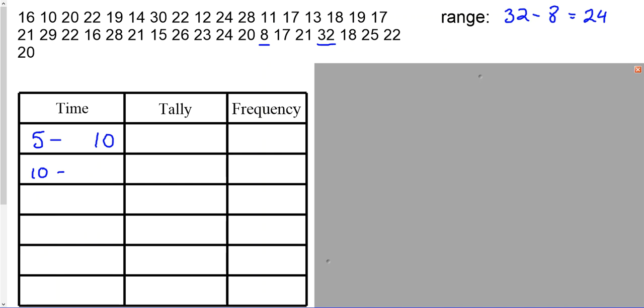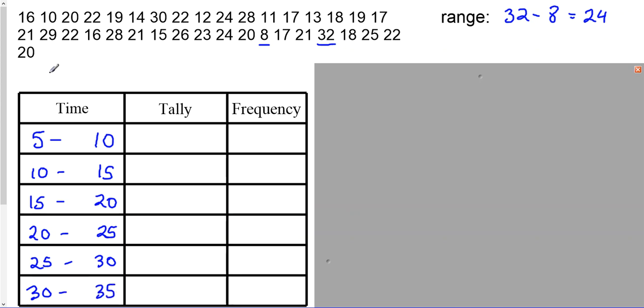So if the first one goes from 5 to 10, the second one has to go from 10 to 15, and then 15 to 20, and then 20 to 25, and then 25 to 30, and then 30 up to 35.